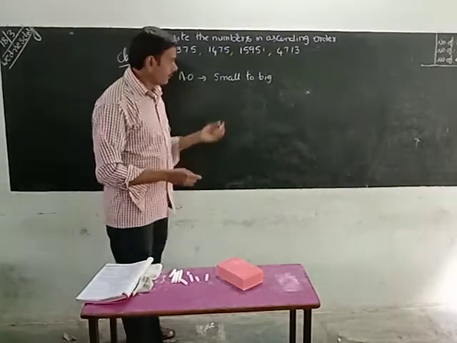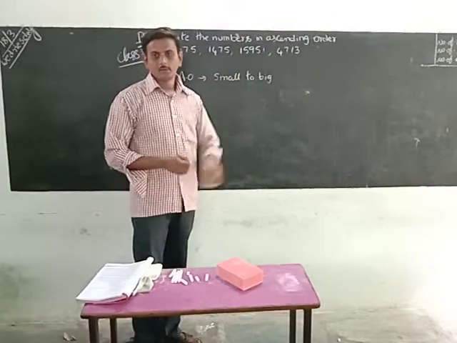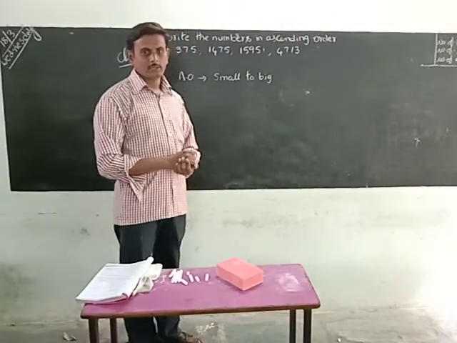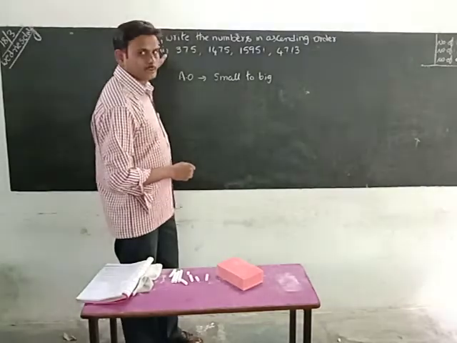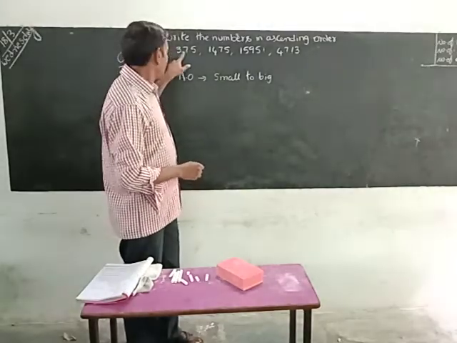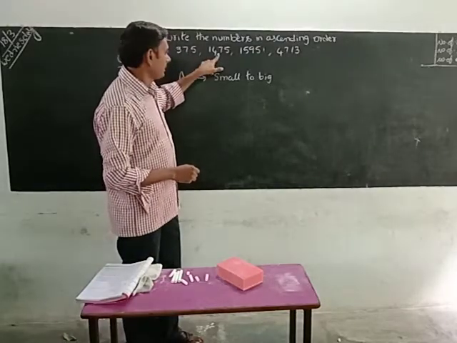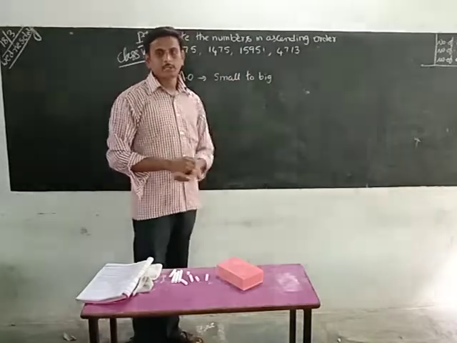What is the question here? Write the numbers in ascending order. This is the second Roman in page number 2. First one: 375, 1475, 15,951, 4,730.